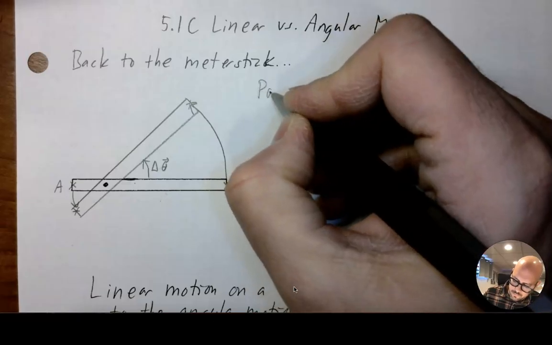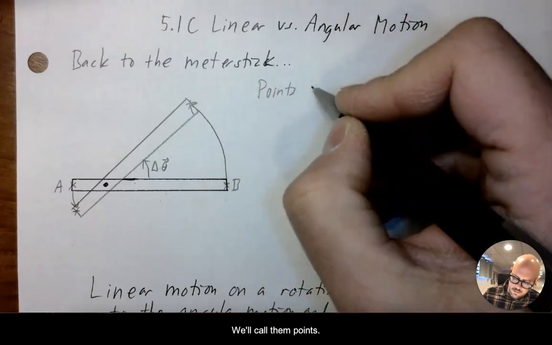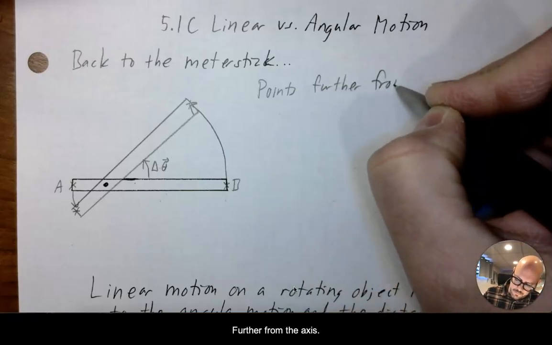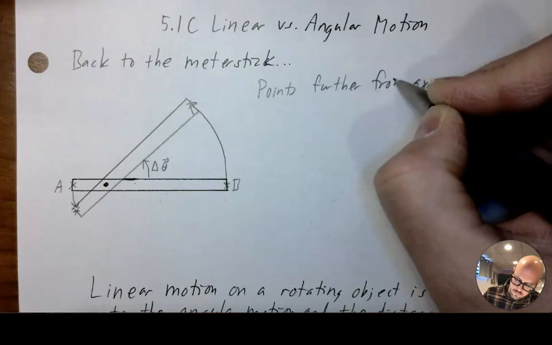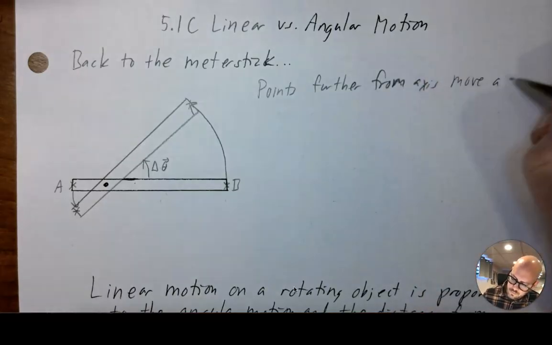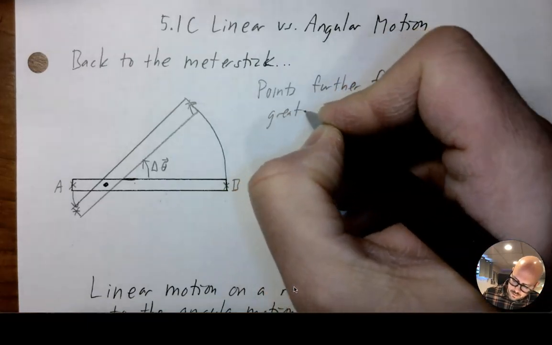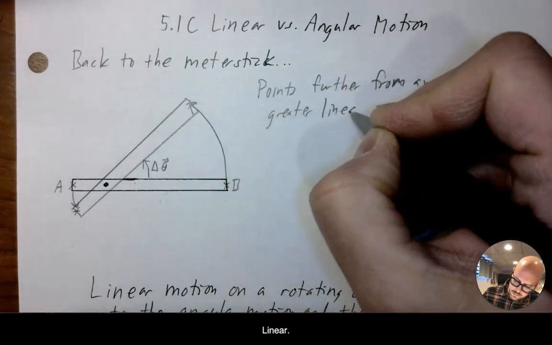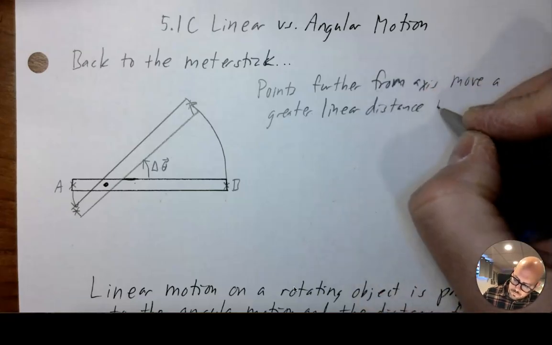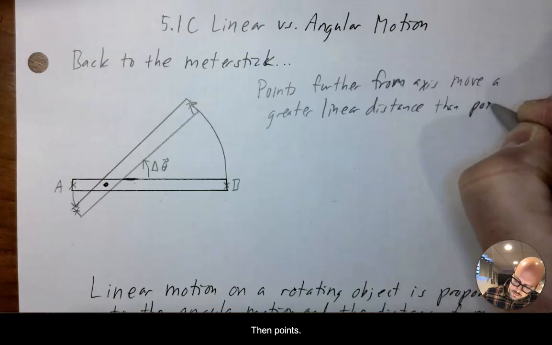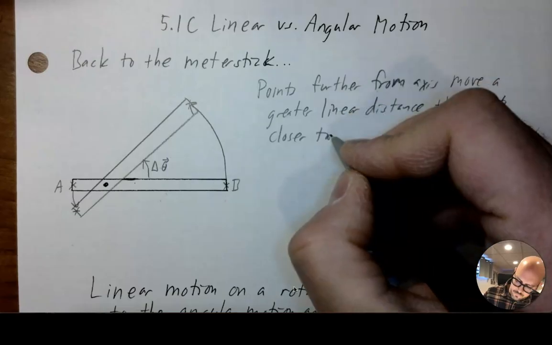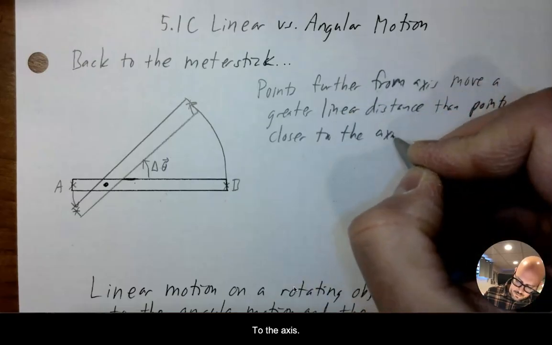So we'll call them points further from the axis move a greater linear distance than points closer to the axis.